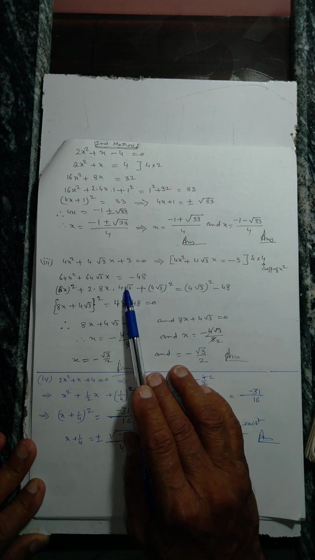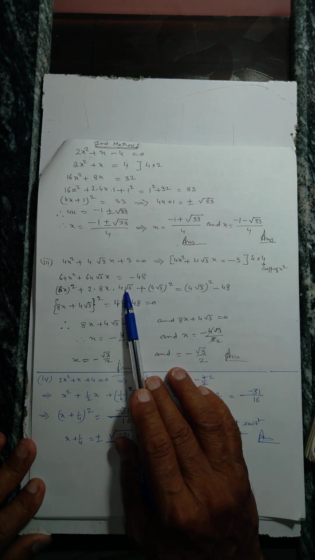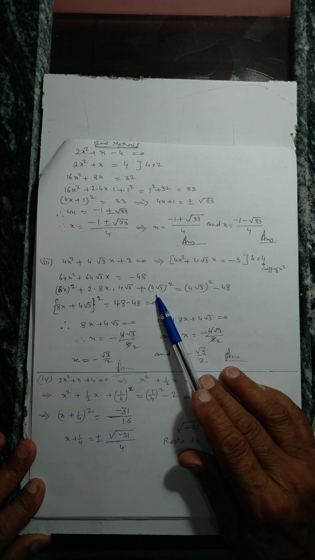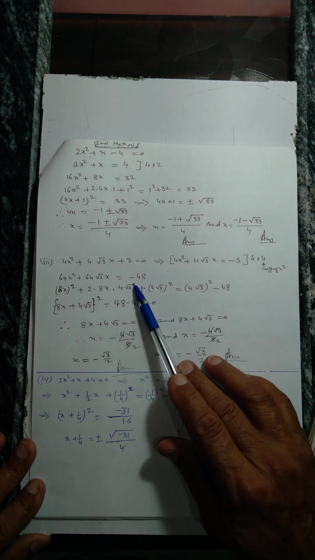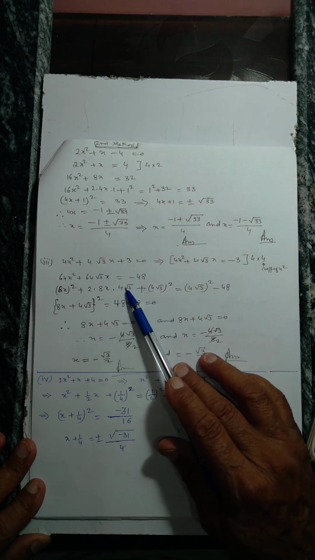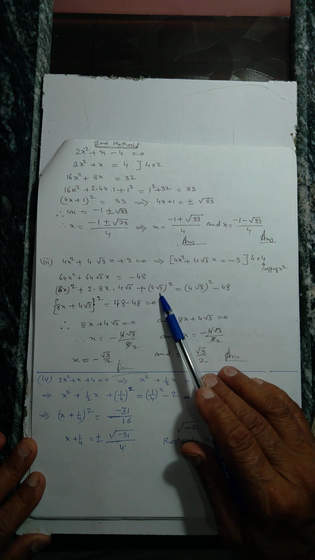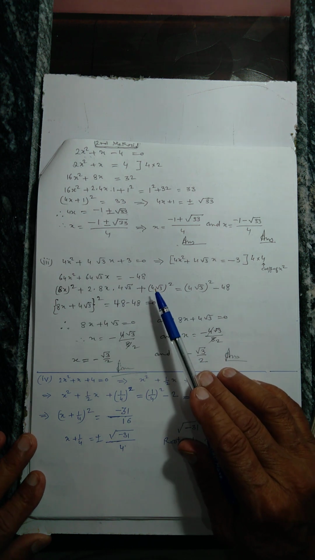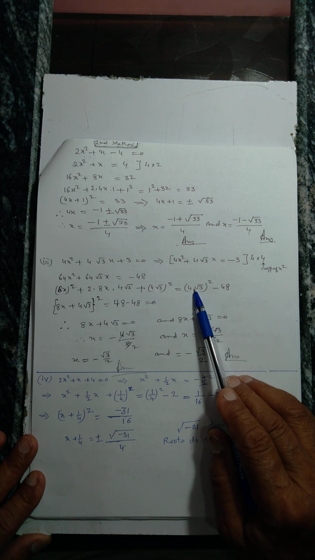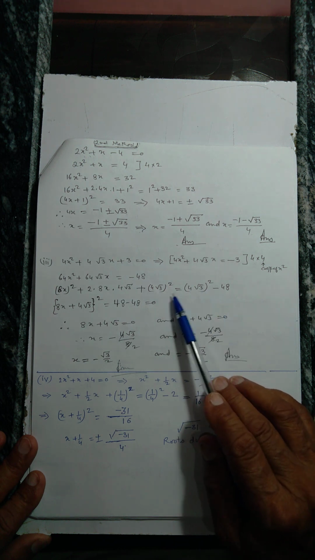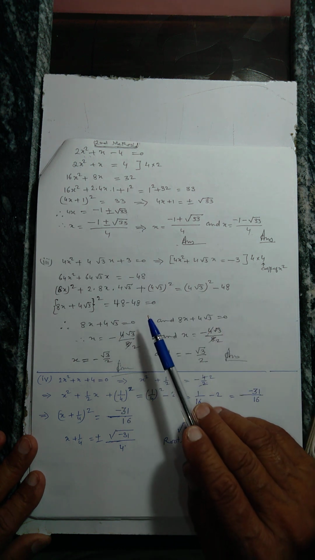If you have remembered the a plus b or a minus b formula, we have to add the square of this. So while you are adding to the left hand side, you have to add to the right hand side in order to balance the equation.